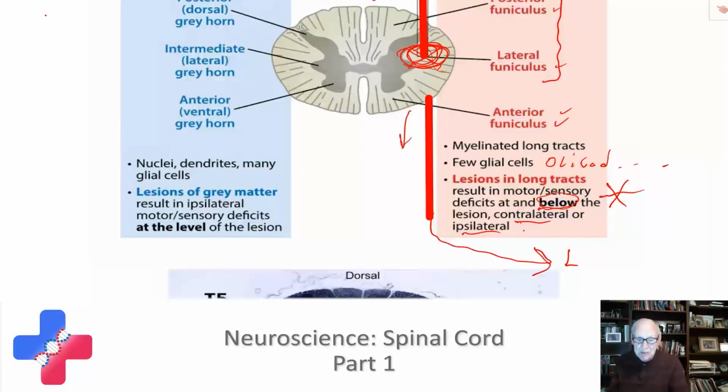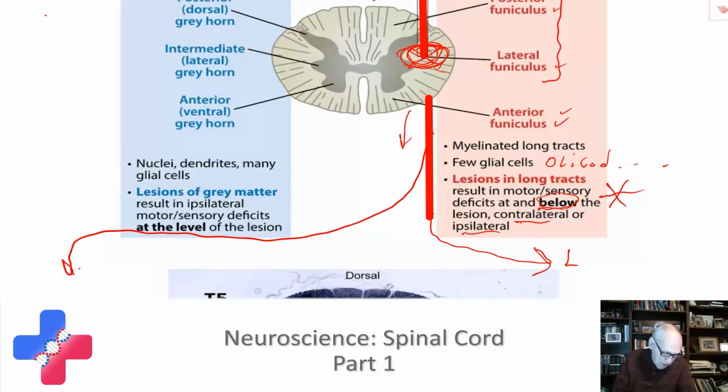Ipsilateral means the same side. If you damage certain tracts, they're going to be below and ipsilateral. But other tracts are going to be below and affect the contralateral side, which in this case is the right side. So they're all below, but you have to classify them as below ipsi or below contra.